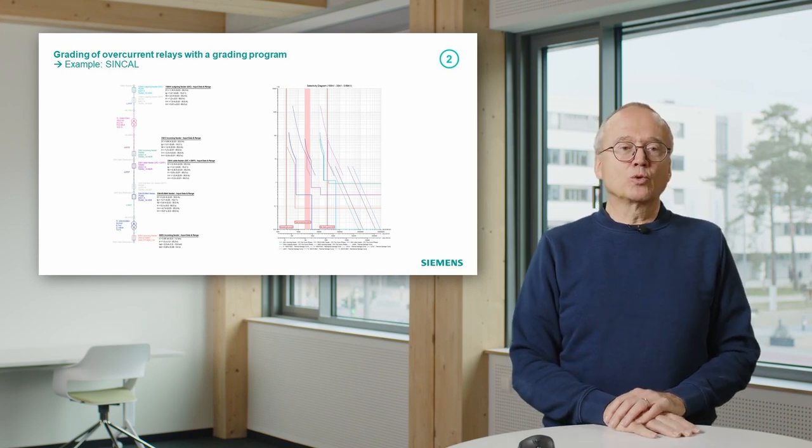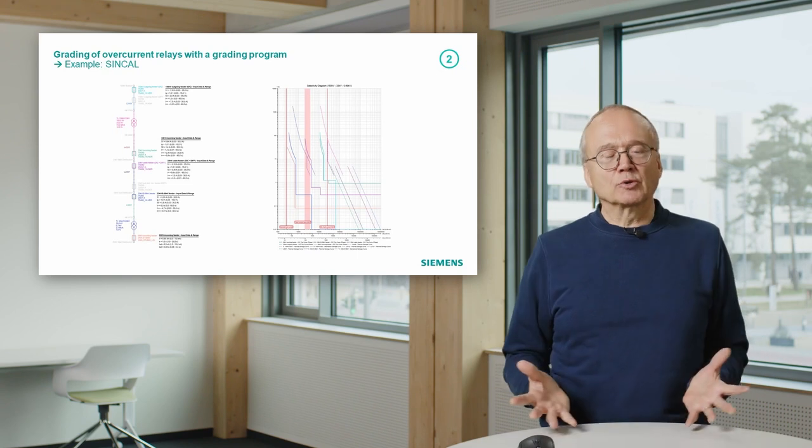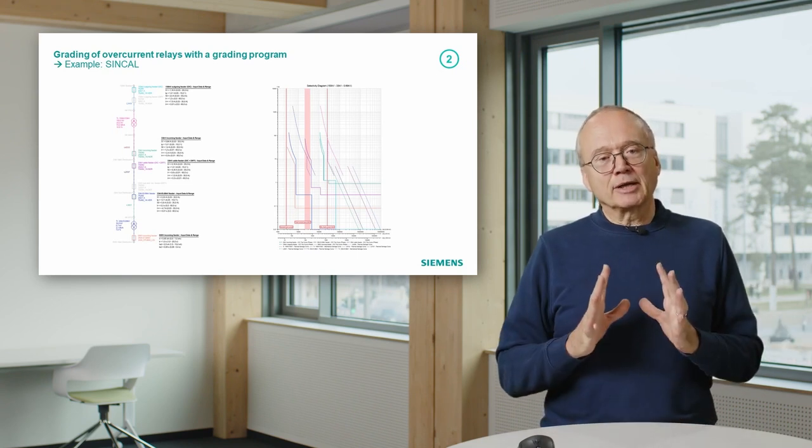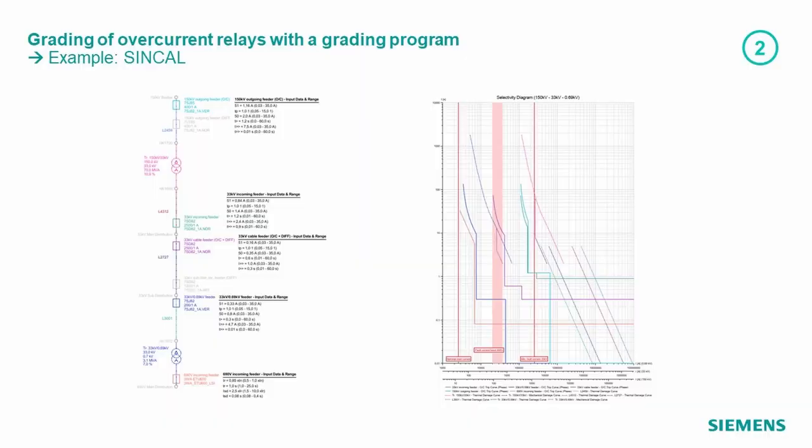Within Siemens, we use the program Syncal. You can use this program to do network calculations, but you can use this program also to do the grading of overcurrent relays. You see here the input and output of such a program run.